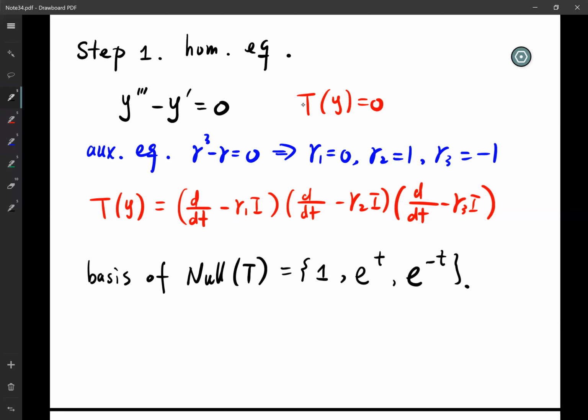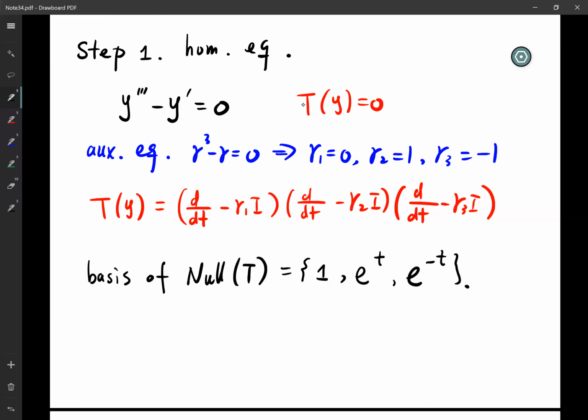Could you explain the minus r1 I, minus r2 I and minus r3 I? This is exactly the same thing as the second order differential equation. There we factorized the second order differential operator using the two roots of the auxiliary equation. Now I just factorize the third order operator using the three roots.